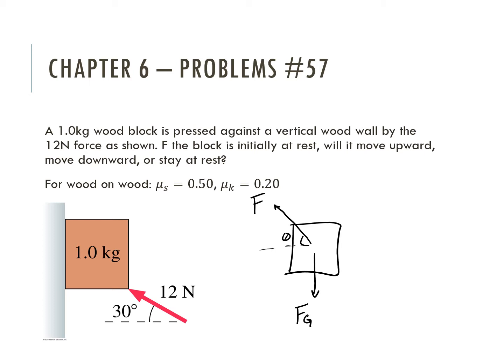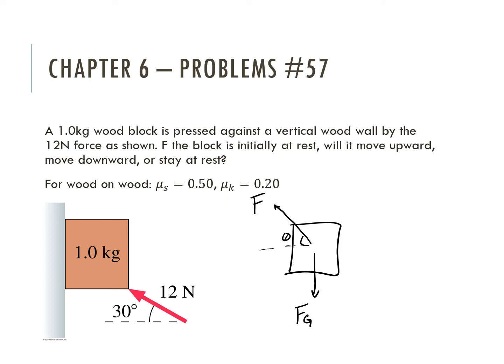So I have gravity, I have the force I'm pushing with, and because I am up against a surface, I have a normal force as well. Again, normal force has to be perpendicular to the surface, so it can't be up or down. It has to be left or right.